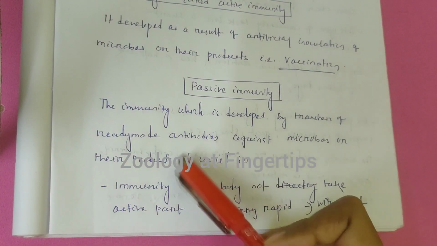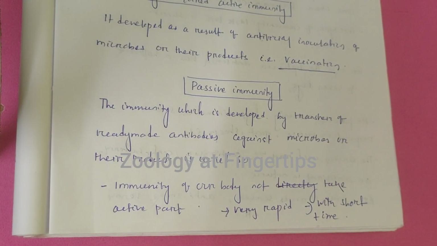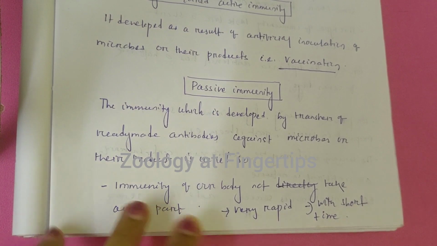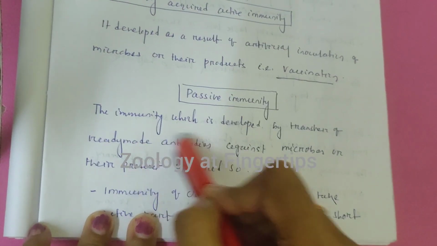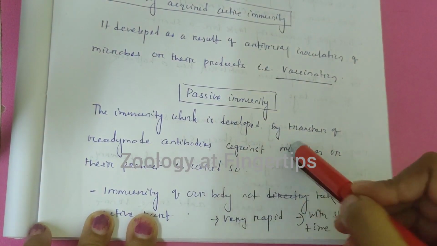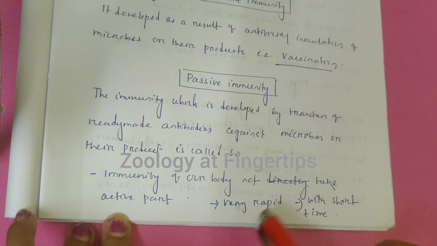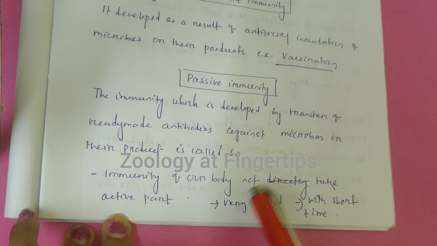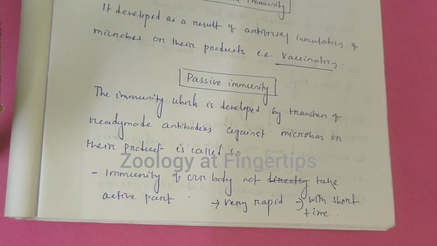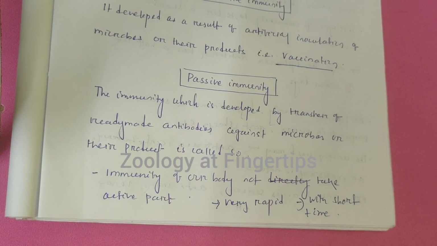Then come to the next part of adaptive immunity, that is passive immunity. The immunity which is developed by transfer of ready-made antibody against a particular microbe or their product is called passive immunity. The immune system of our body does not play an active role in this case because we have already given the ready-made antibody.